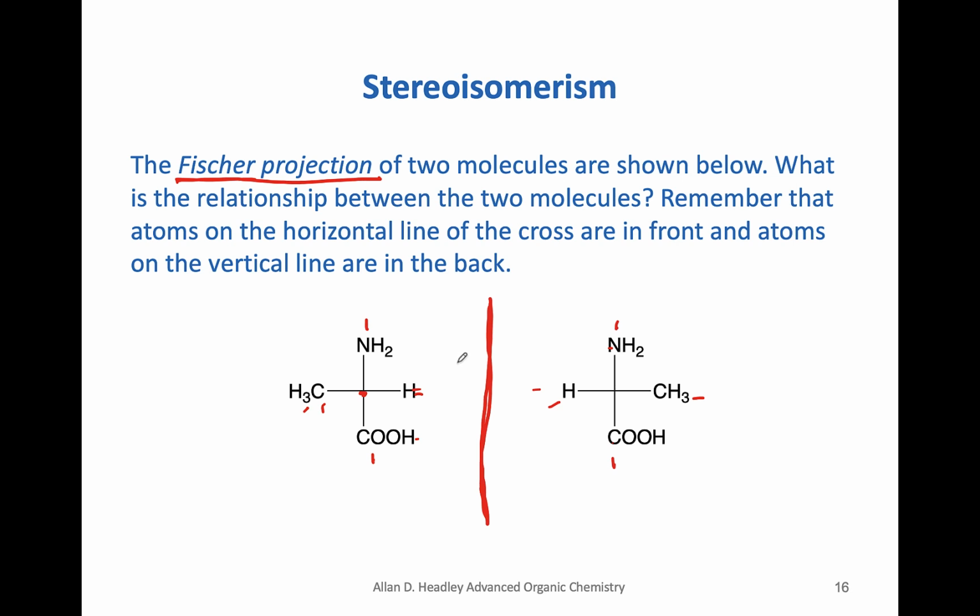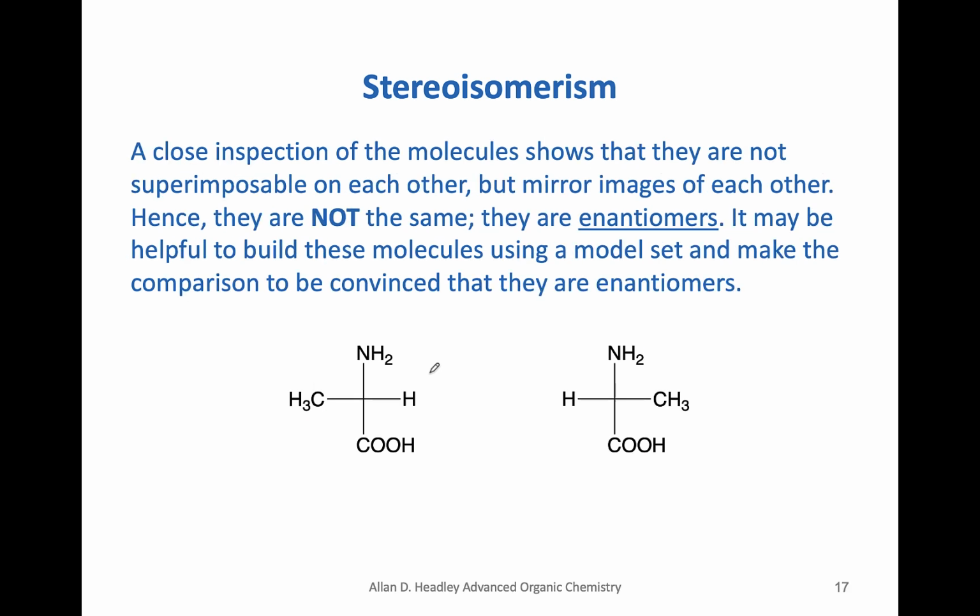They're non-superimposable on each other, so they are in fact enantiomers. So again, the bottom line is you should be able to determine enantiomers or molecules being the same based on the different representations, such as the dashed wedge, the Fischer, or even the Newman projection.